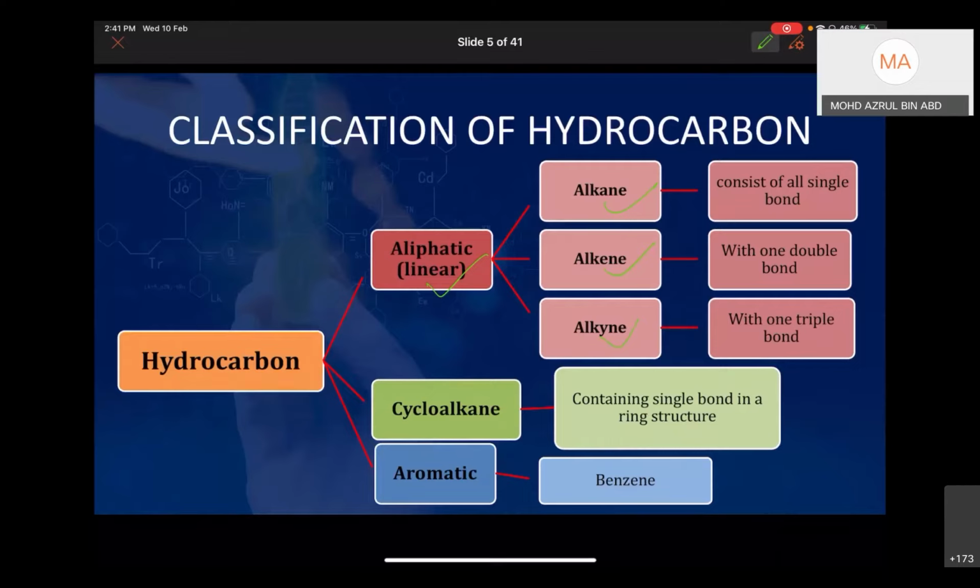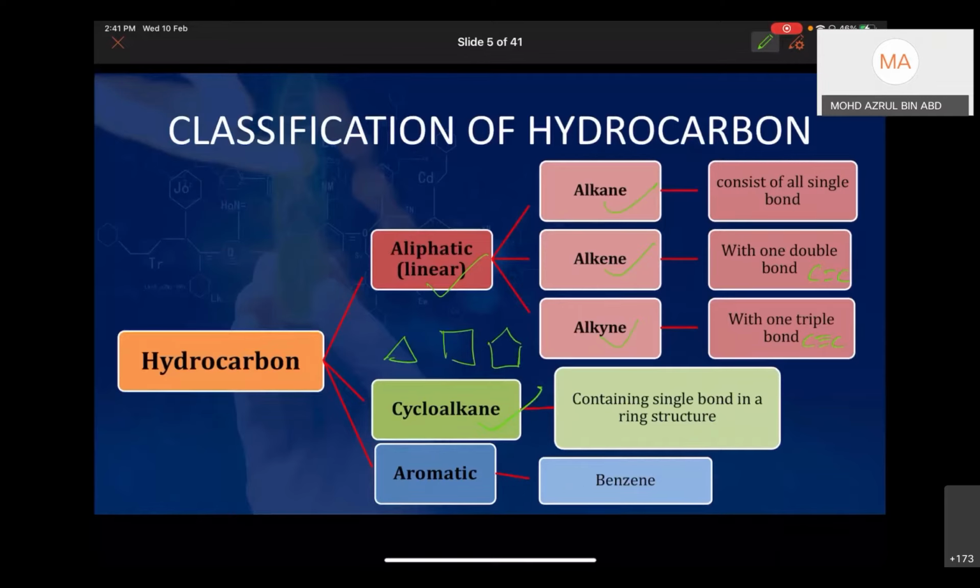For the alkane, you can find only single bonds. But for the alkene, you will discover the presence of C double bond C. And then for the alkyne, you will find the presence of C triple bond C. And then the second classification is the cycloalkane, which means all the compounds are in a cyclic ring: three rings, four rings, five rings and so on.